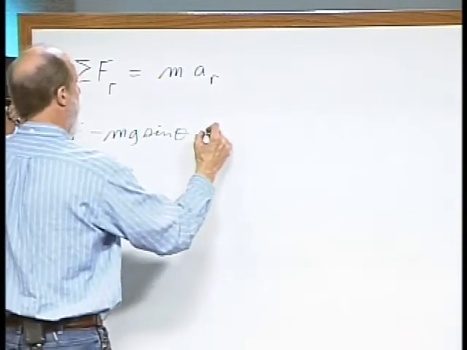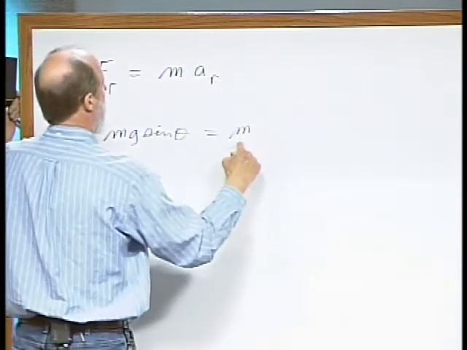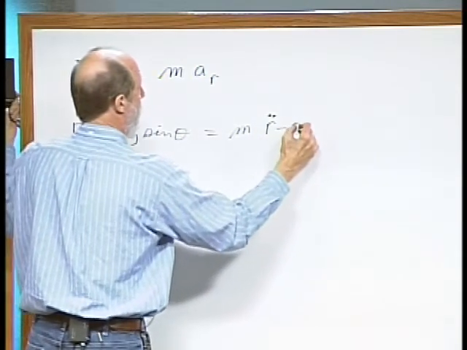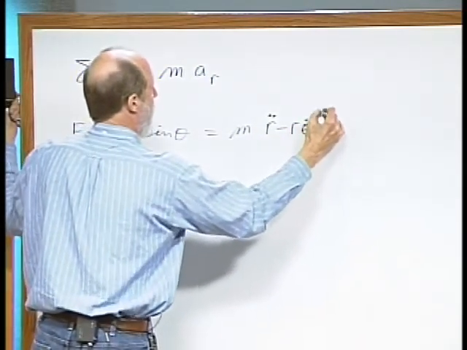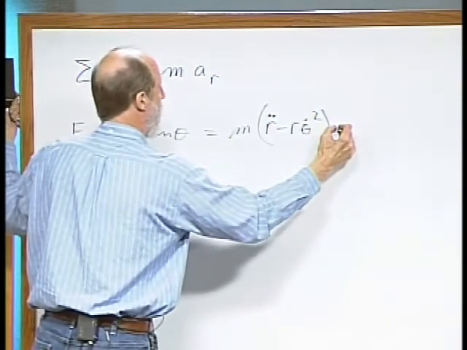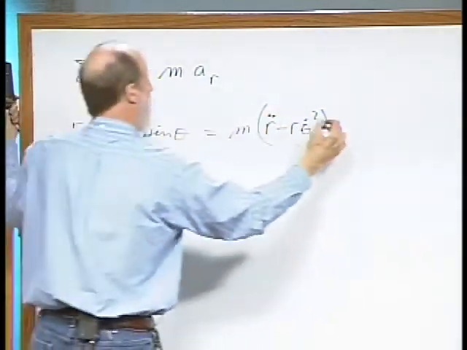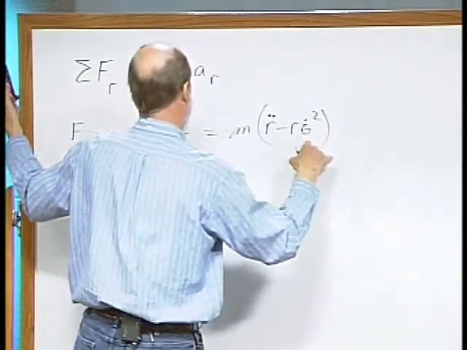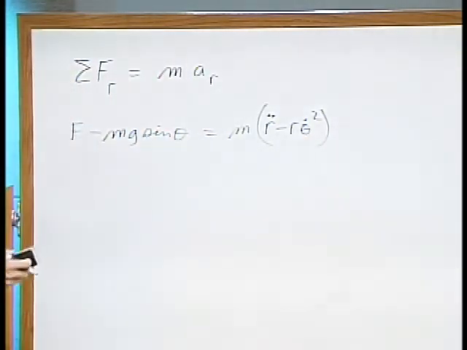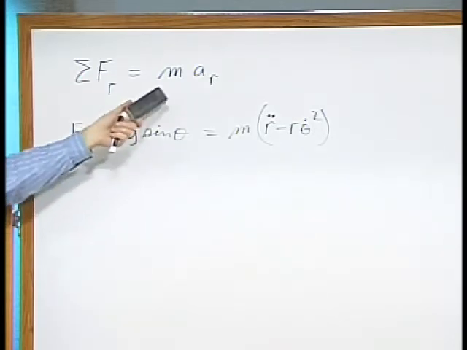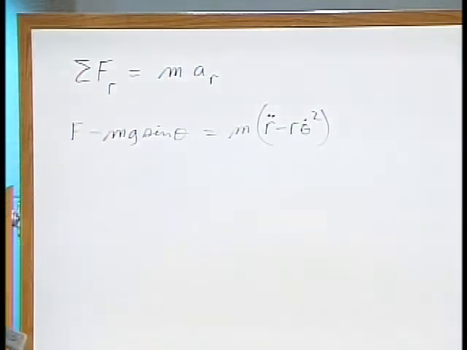Okay, and that has to equal the particle mass times r double dot minus r theta dot squared. Notice this is a scalar equation now, just in the r direction.